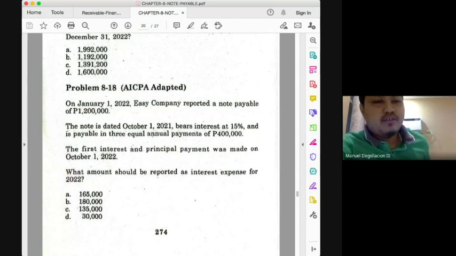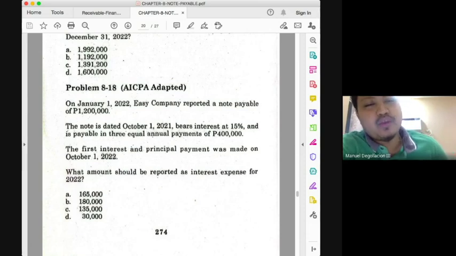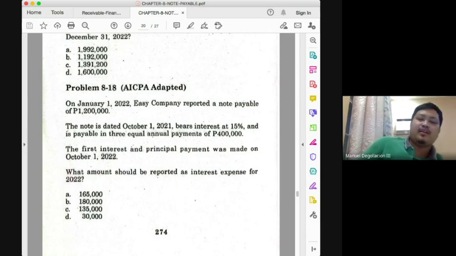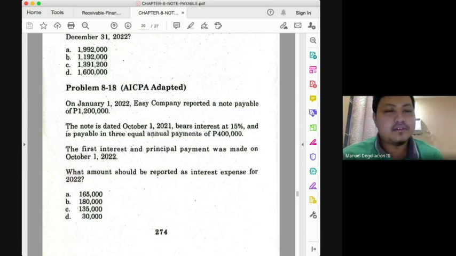Problem 8-18, on January 1, 2022, Easy Company reported a note payable of 1,200,000. The note is dated October 1, 2021, bears interest at 15%, and is payable in 3 equal annual installments of 400,000. The first interest and principal payment was made on October 1, 2022.